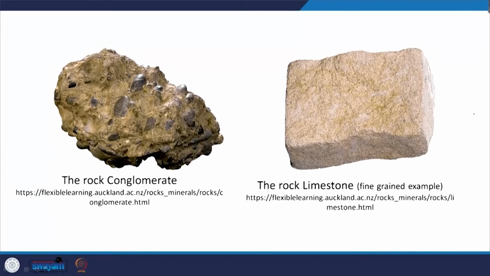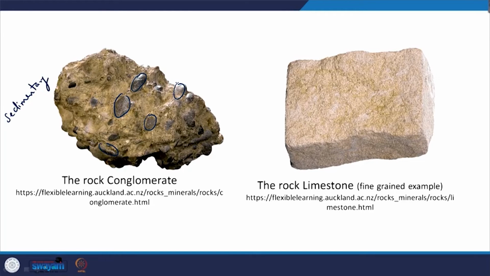Now, the next rock that we will discuss is the rock conglomerate. It is a sedimentary rock that is formed from rounded gravel and boulder size clasts. They are cemented together to form a matrix, as you can see here in this figure, all these gravels are there.